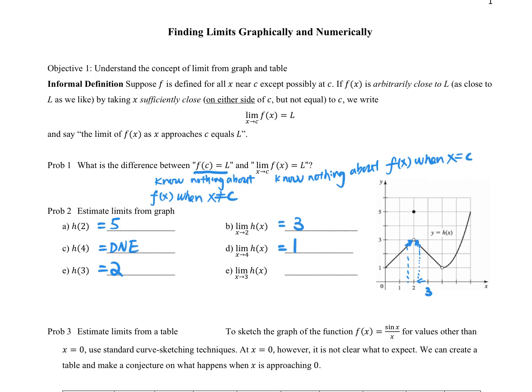Again, we look at both sides and what this y value is approaching. It seems to me they're both approaching the y value 2. So therefore, the limit is equal to 2. Sorry, I kept saying 3 because x is approaching 3.